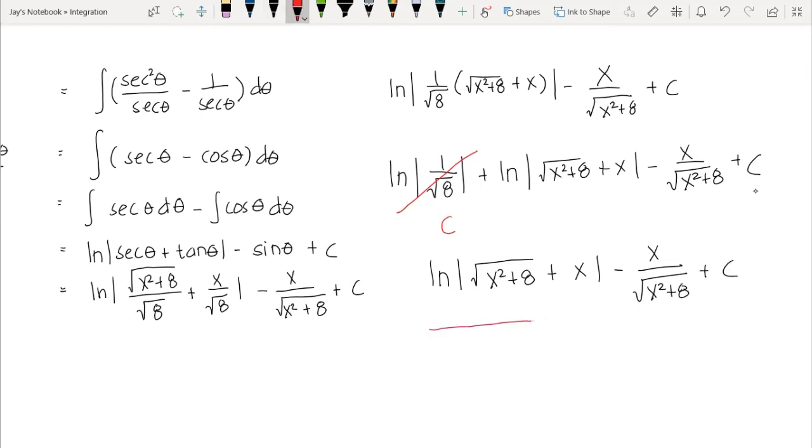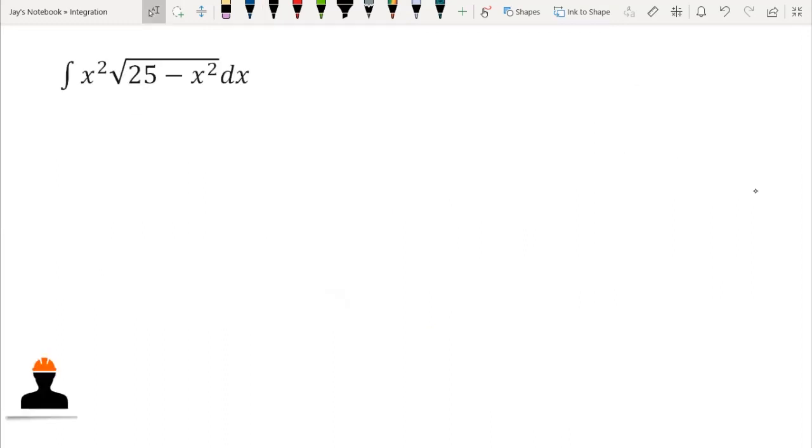So this is the simplest answer for the integration of x squared over x squared plus 8 raised to 3 halves dx.